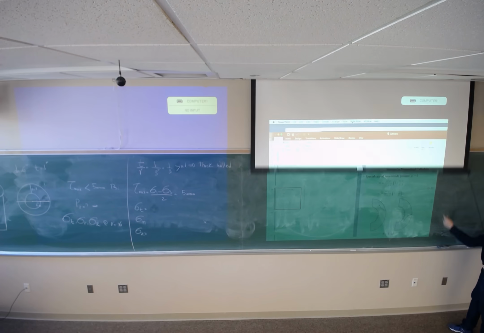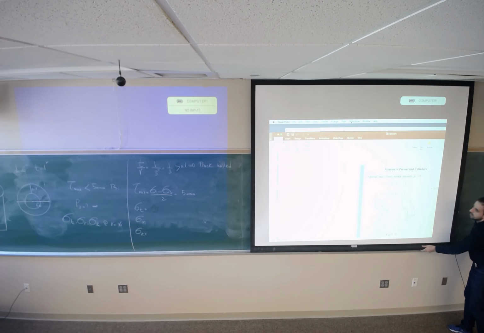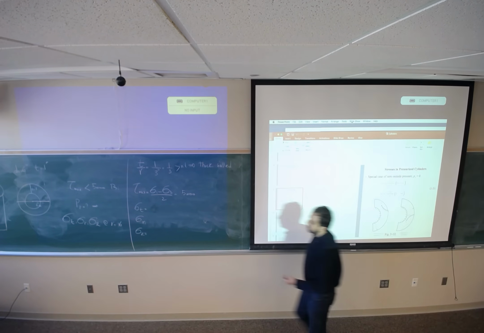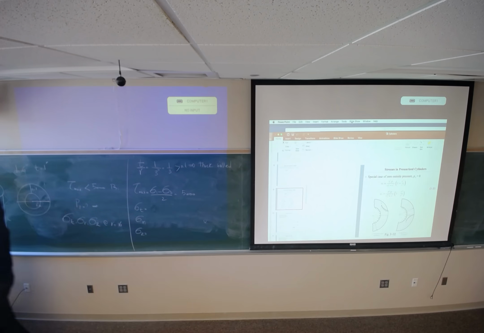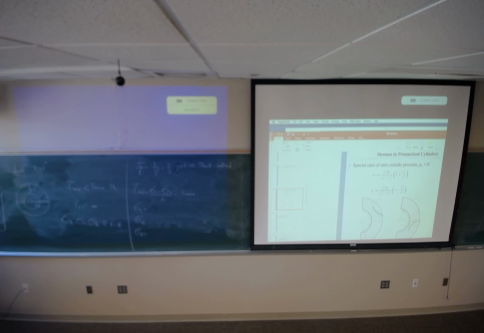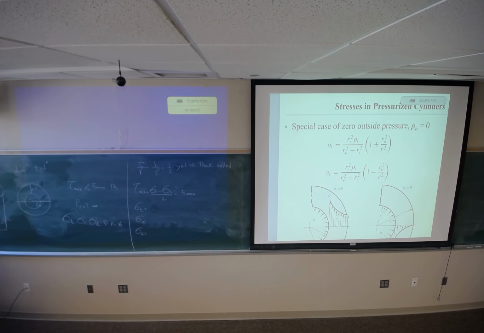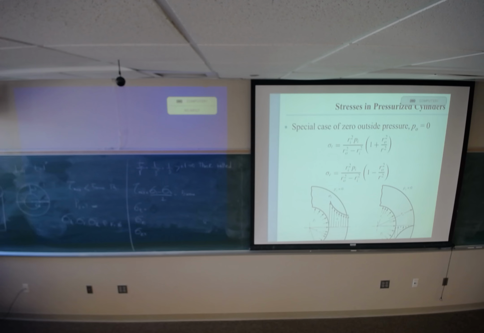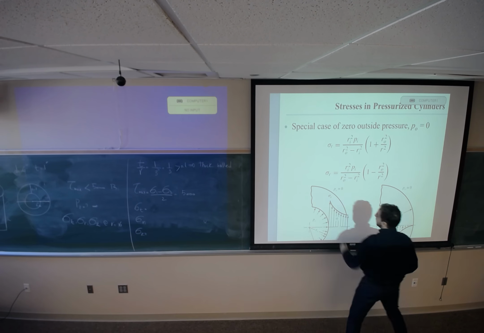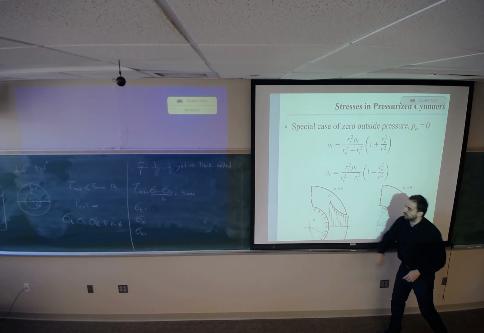Since we have internal pressurization, Po equals 0. It's going to look like this for tangential and radial if it's internally pressurized.